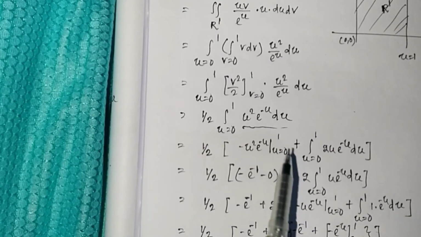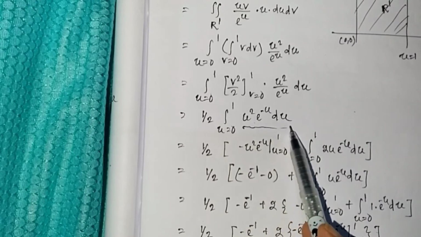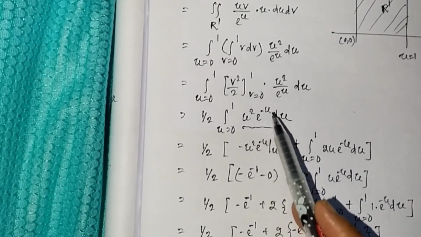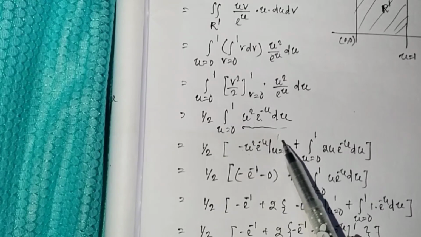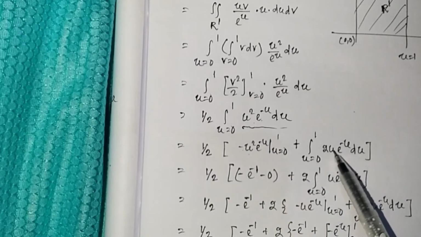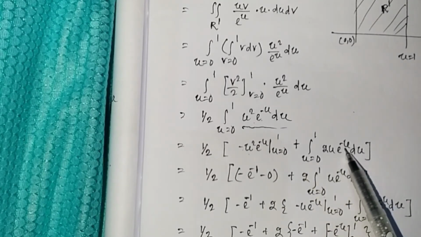First we integrate this, that is minus e to the power minus u into u square, u from 0 to 1, plus the derivative of u square, that is 2u, and integration of e to the power minus u, that is minus e to the power minus u. So minus minus plus e to the power minus u du.